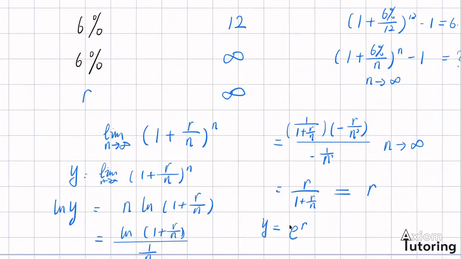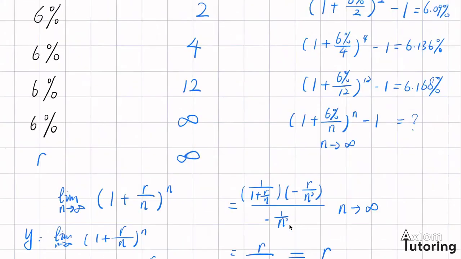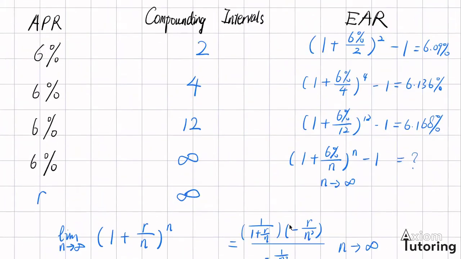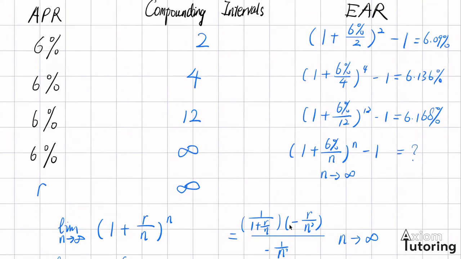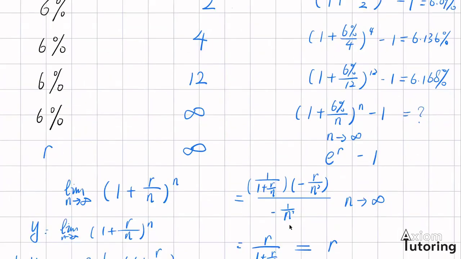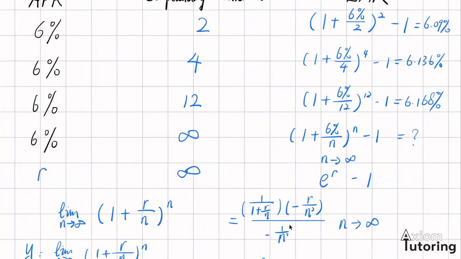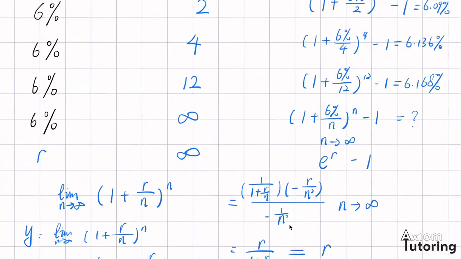So with continuous compounding, the effective annual rate is simply e to the power of r, minus 1. There is an upper limit to how high the effective annual rate can go. It doesn't increase to infinity; it converges to a single number.